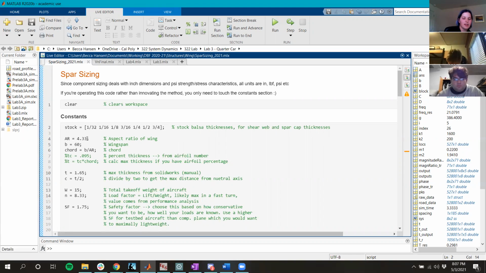So if one of y'all wanted to grab this, you can put in all of the numbers that you have. I don't think you have all the numbers yet, but your aspect ratio, you can update that. Your wingspan, that'll calculate the chord. Then you need the max thickness of your airfoil.